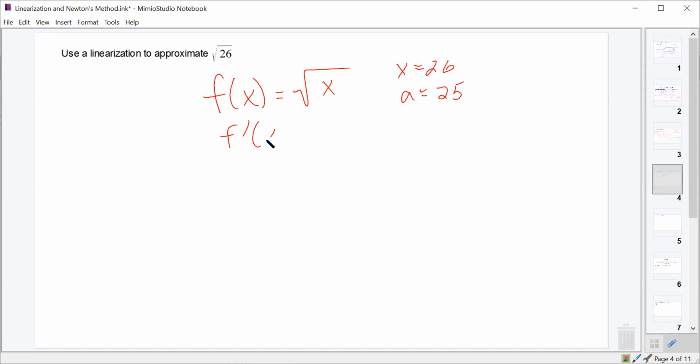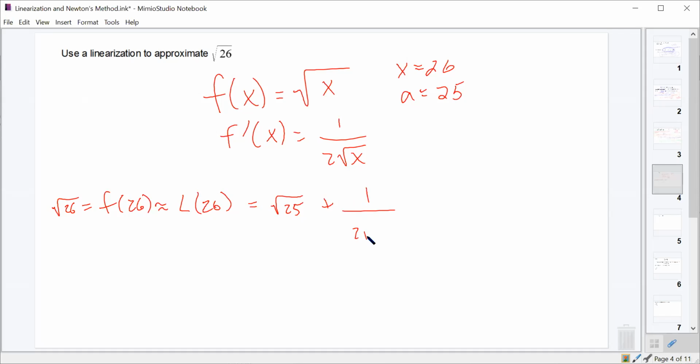And we're going to need the derivative. What's f prime of x? That should be 1 over 2 root x. And so we then should be able to say that the square root of 26 is f of 26, which should be approximately equal to L of 26, which ought to be f of a, so square root of 25, plus f prime of a, 1 over 2 root 25, times x minus a.